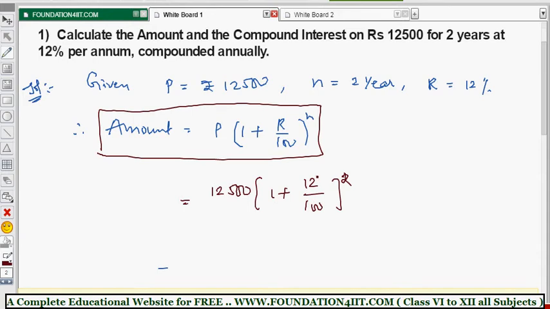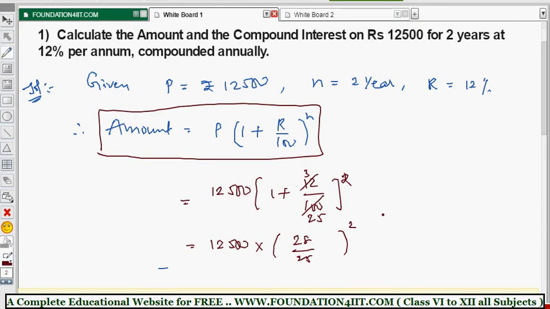We can cancel by 4: 4 threes are 12, so 3 by 25. Now that is 12,500 into 1 plus 3 by 25. So 25 plus 3 is 28 by 25, to the power 2.